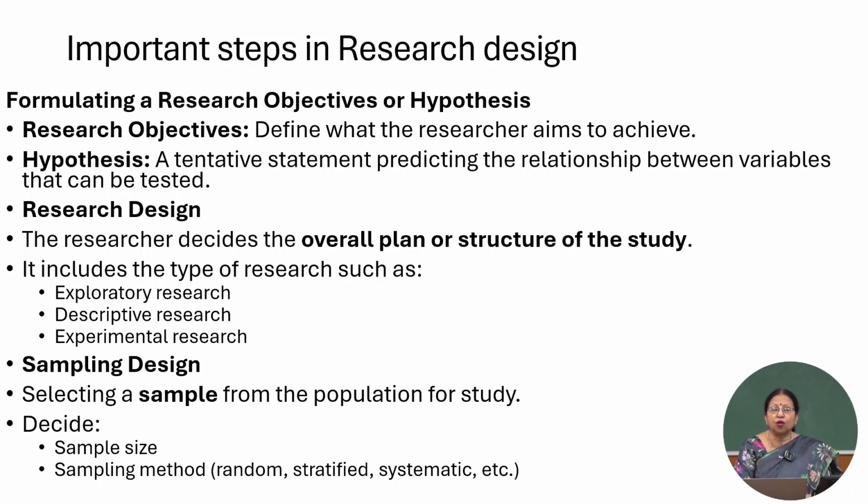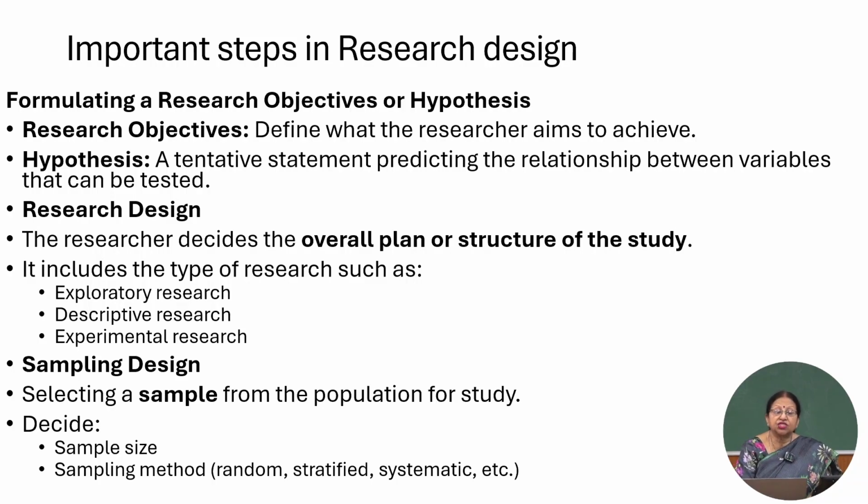Formulating a research objective or hypothesis. That means now your objectives have to be very well defined. Research objectives define what the researcher aims to achieve. Hypothesis, a tentative statement predicting the relationship between variables that can be tested.